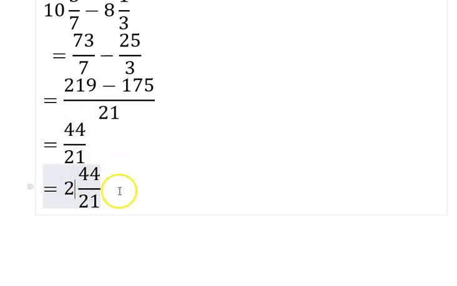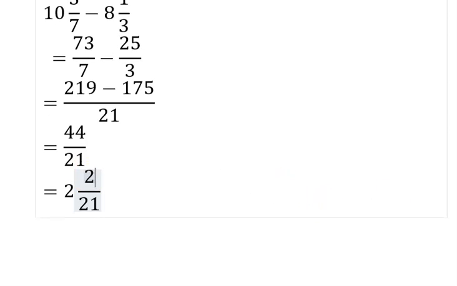So 44 minus 42, it will remain 2. That's 2 over 21. Let's check if it's correct.